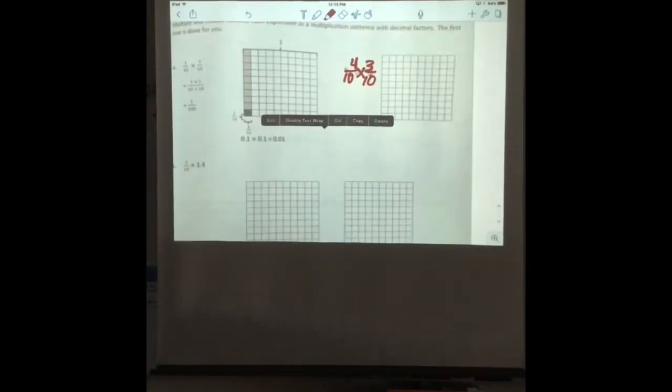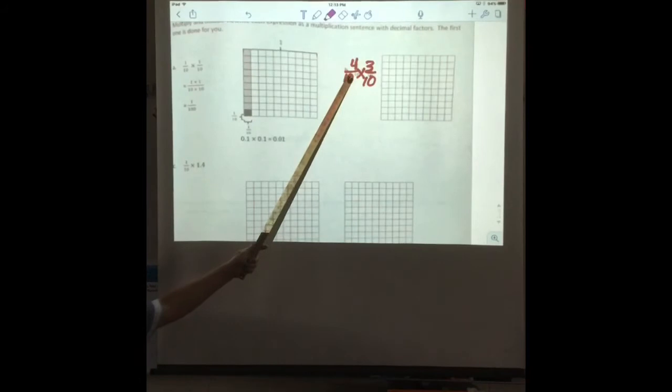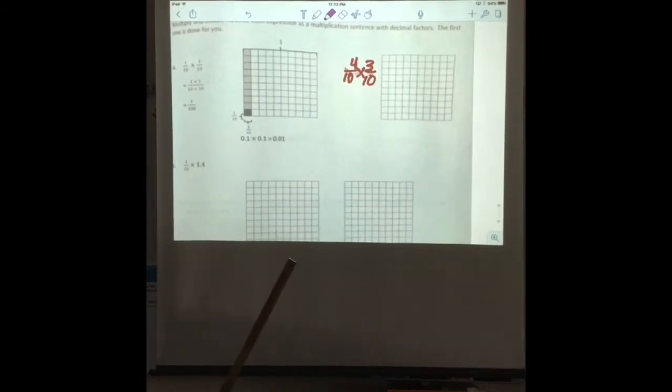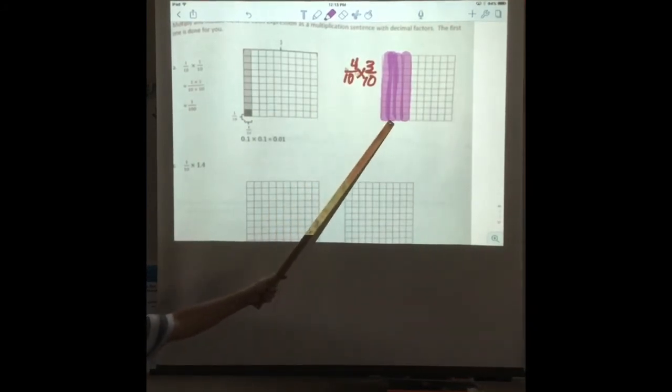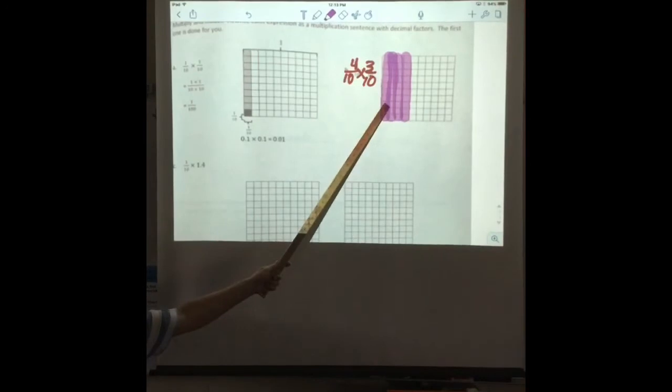I'm going to use a highlighter, and I'm going to do the best I can to highlight this well. I have 4/10, so I'm going to highlight it like this. That's 1, 2, 3, 4/10, right?